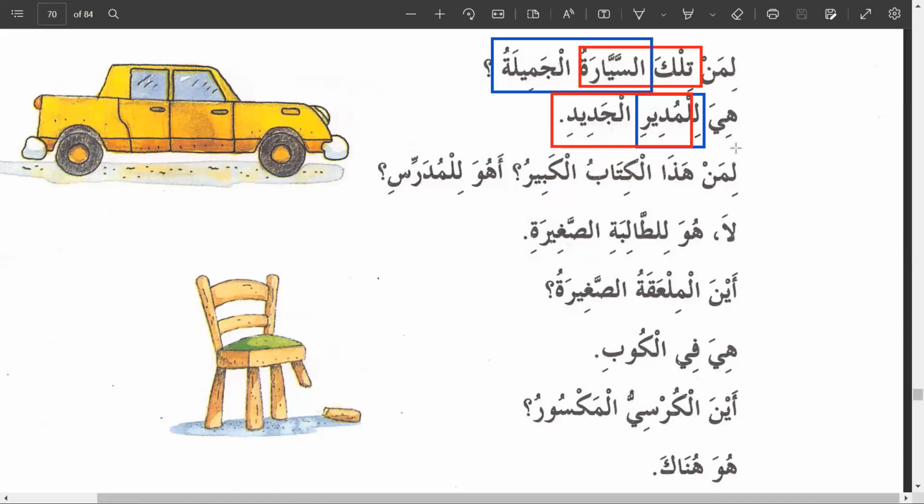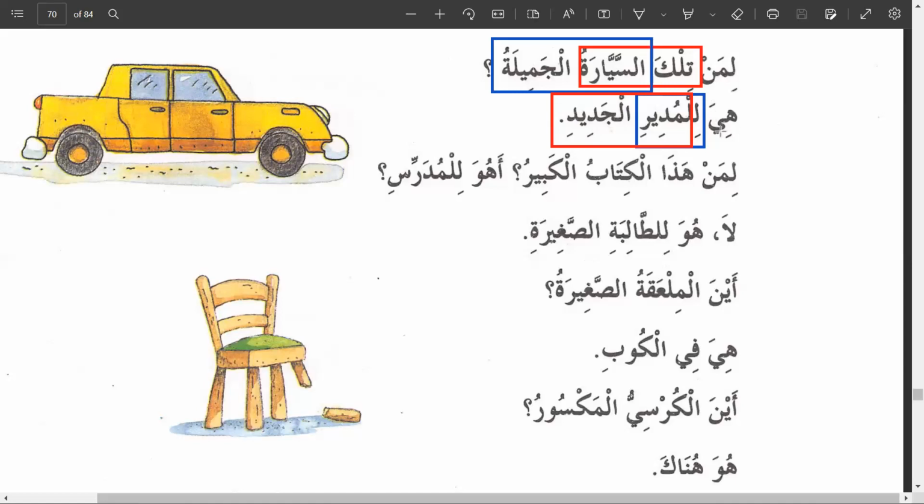Because the principal is a girl? No. For the principal, there is no jadidatin or al jadidati. If the word mudir were feminine, then it would have been al jadidati, but it's not.